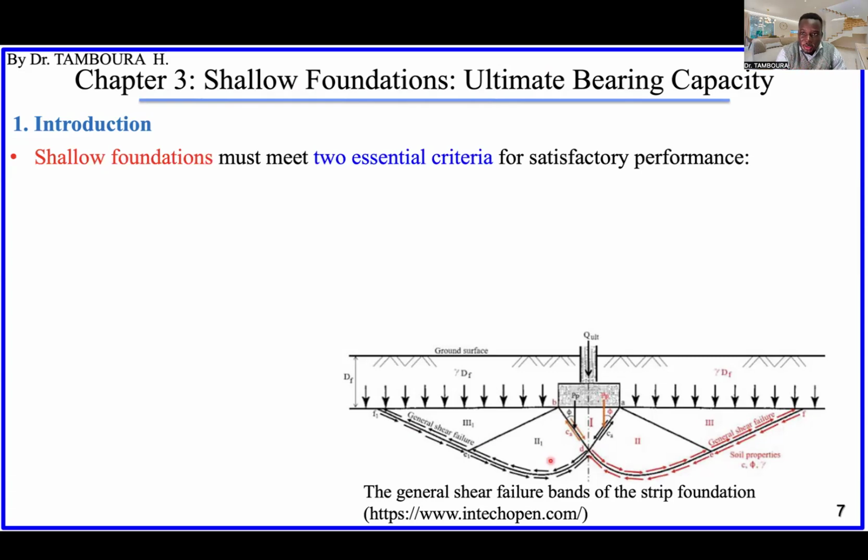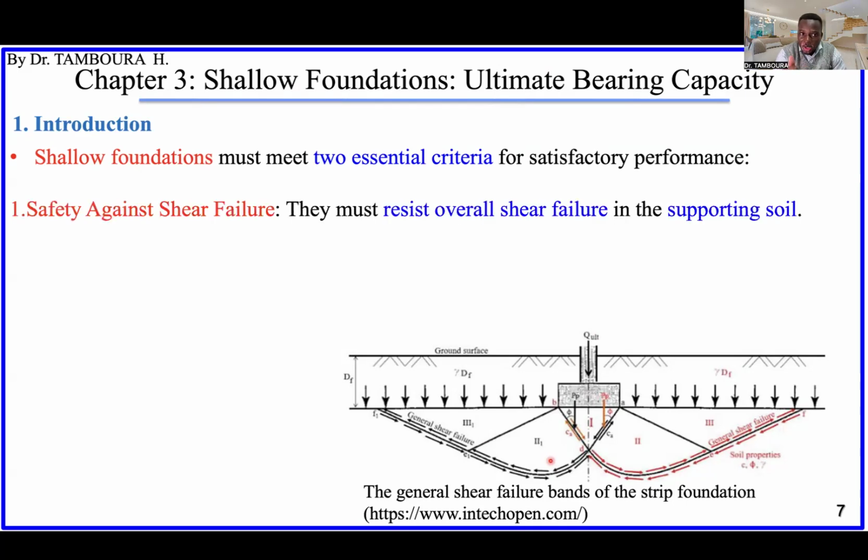A shallow foundation must meet two very important criteria to certify the performance. The first one is safety against shear failure. As you can see here in the ground, all these arrows you are seeing represent shear failure. You can see here general shear failure. There are different types of failure, of course, but the main way of failure of the ground is through shear.